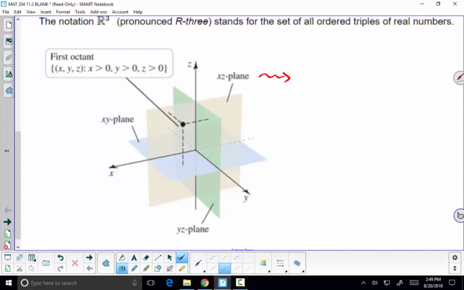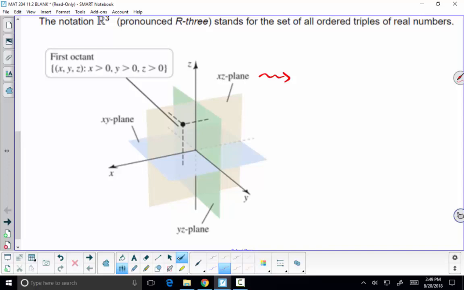1, 0, 1. That's a point in that plane, but it's not an equation for that plane. Y equals some combination of x and z.